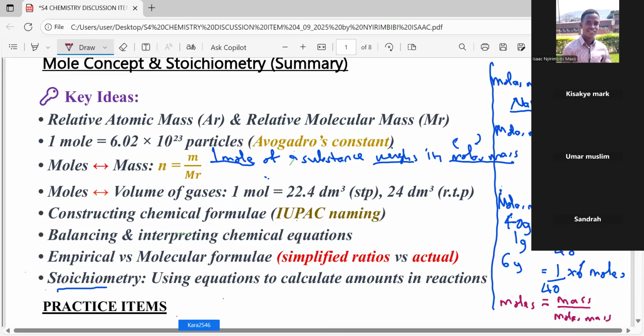Are you seeing where the formula comes from now? That is the formula I have been referring to when I wrote the relationship: n is equal to m over Mr, where m is the given mass, Mr is the molar mass, and n stands for moles. Is that clear now?